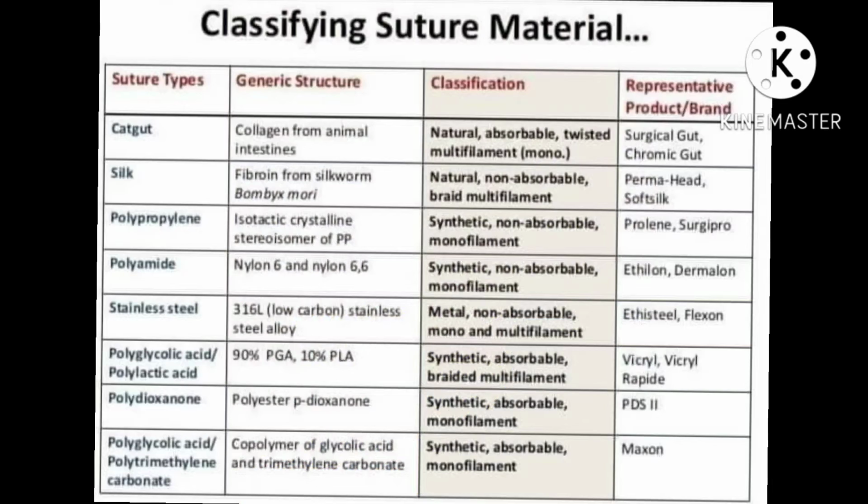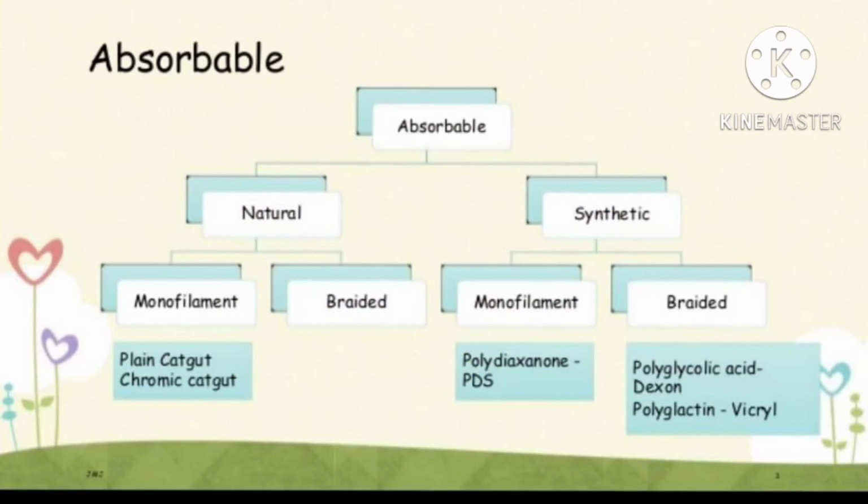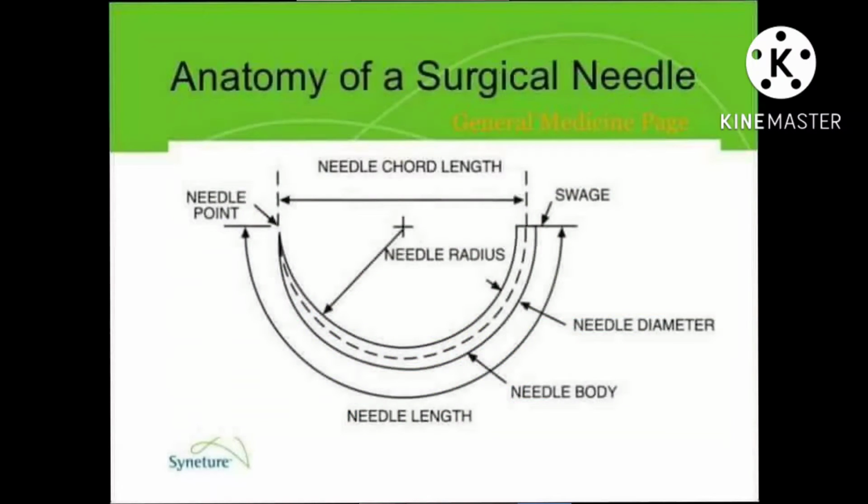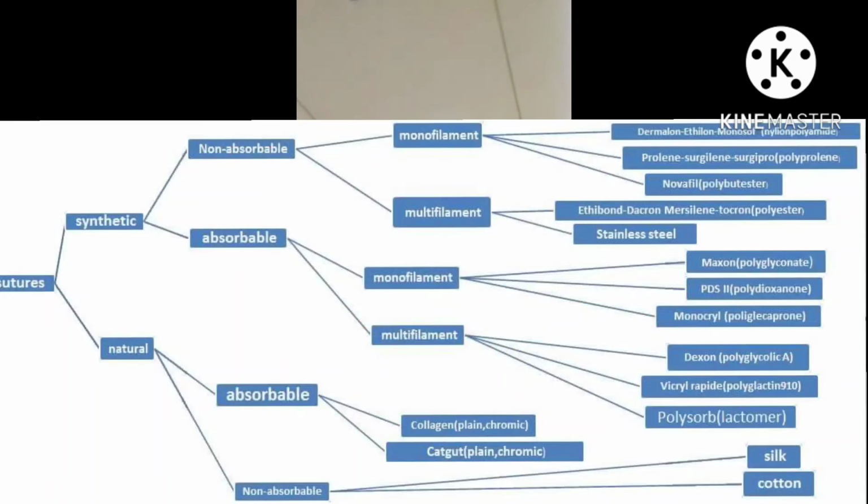The number of 0s is determined by how many suture diameters are added to make 1 millimeter. So, 2-0 has twice the diameter of a 4-0 suture.